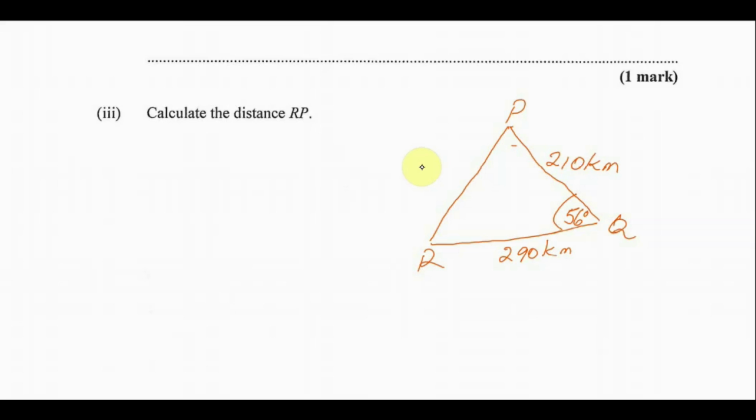So we say that the square on this side, RP squared, is equal to 210 squared plus 290 squared. It is important that you know the rules, and some of them are in the front of the booklet. Minus 2 times 210 times 290 times the cosine of the angle between them, which is 56.